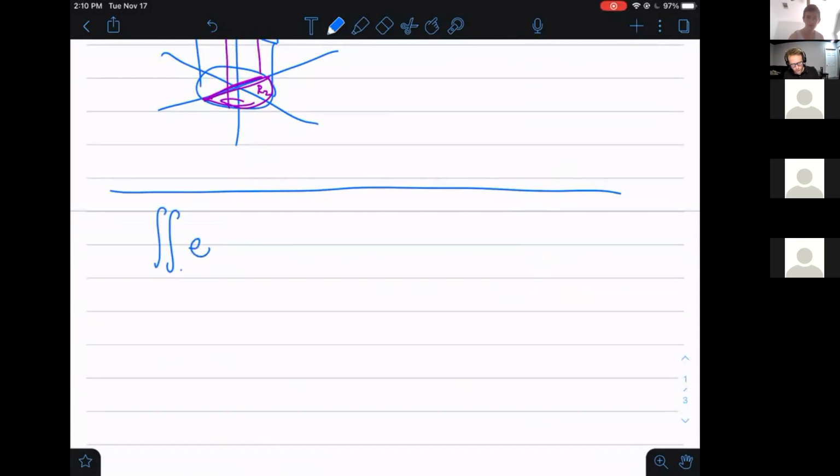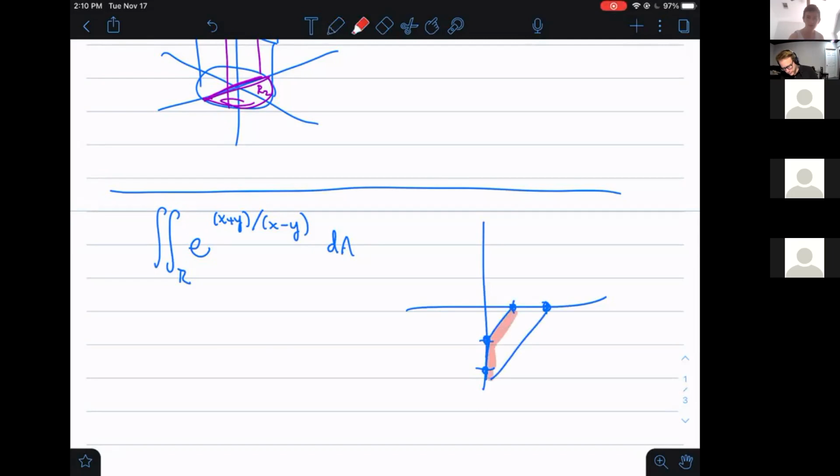This is the double integral over some region R of e to the x plus y divided by x minus y dA, where R is the trapezoidal region with the vertices 1, 0, 2, 0, 0, negative 2, and 0, negative 1, or something like this. So this right here is our trapezoidal region, that is R, and it asks to evaluate this integral.